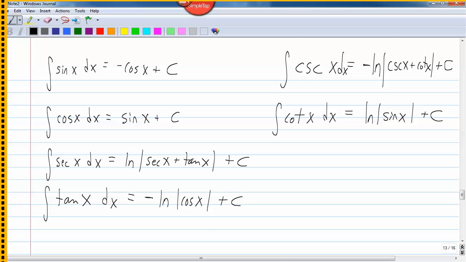These are just the common trig integrals. It's just we didn't define them yet because we had not gone over natural log. So it would not make sense to define these other four until after we know how to take the derivative of natural log.